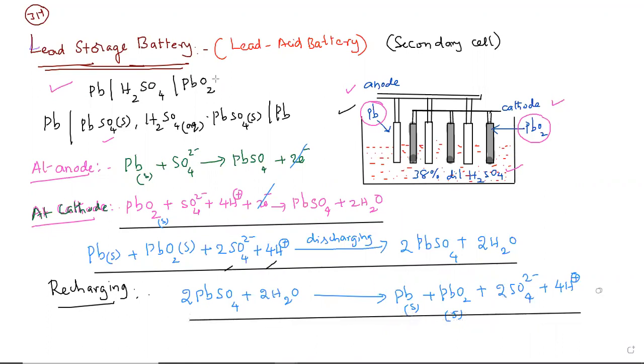They are definitely going to ask in the exam what the discharging reaction and the recharging reaction of the lead storage battery are. Now you have a complete idea about the lead storage battery: what diagram you are going to write, how to write the representation of the lead storage battery, and finally how to write the combined equation, which we call the discharging reaction as well as the recharging reaction.